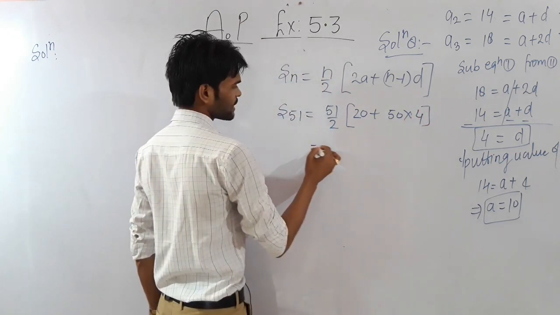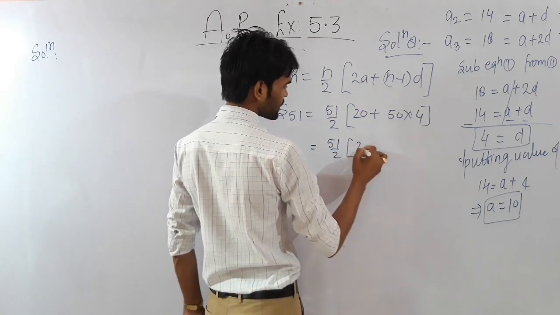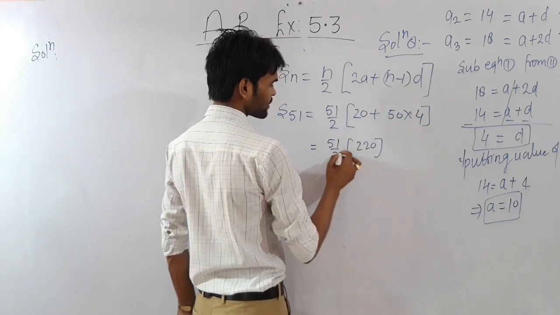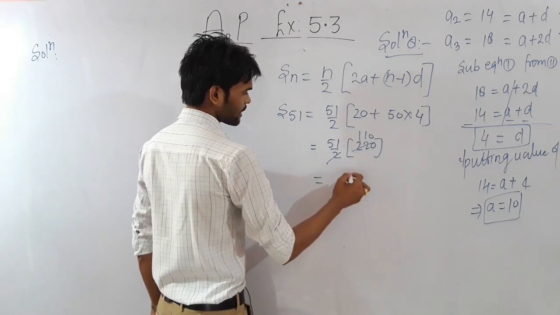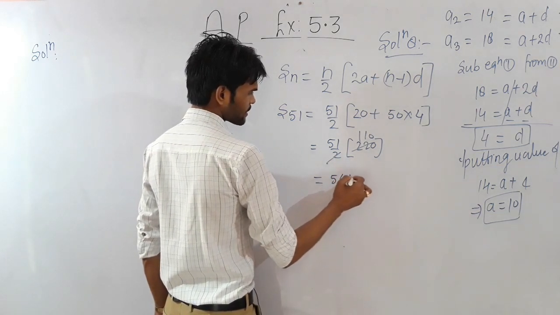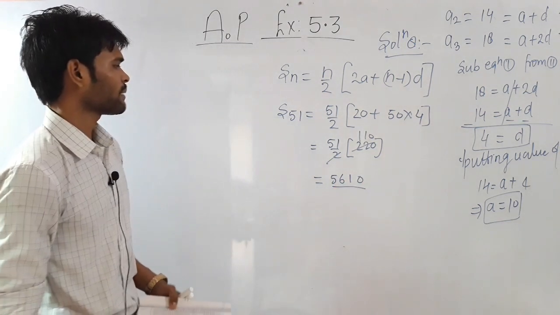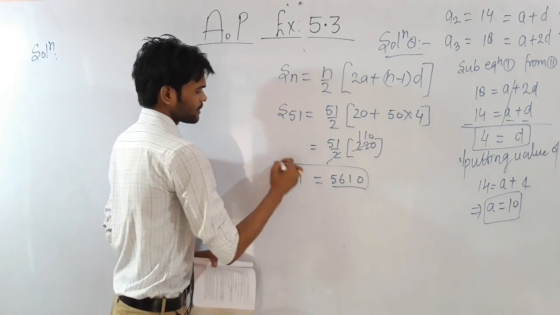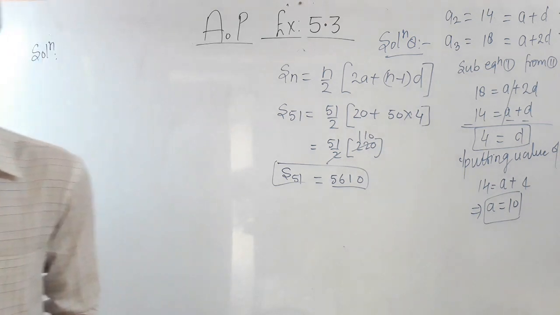So it may be written as 51 by 2 into 220 directly, because 200 and 20. Okay, so it will become 51 into 110, which is 5610. So we have obtained the sum of first 51 terms of the given AP. Is that clear? Okay. Now moving towards the next question.